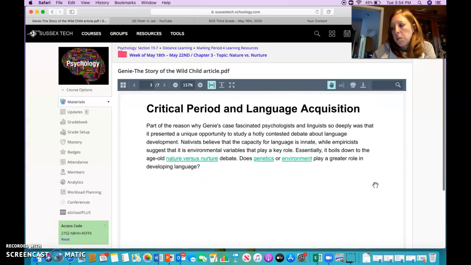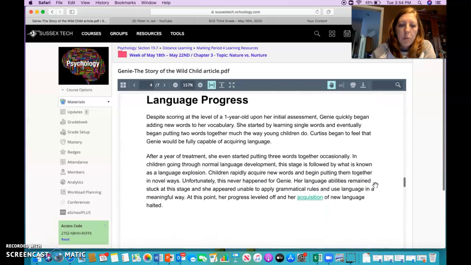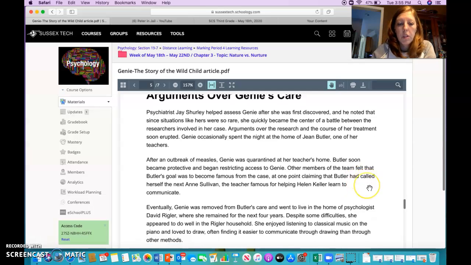You might be able to pull some information for the paragraph that you have to write this week from this article, because it talks about the critical period and language acquisition and what that critical period means. And again, it goes into more detail about how language progresses, the different arguments that psychologists had over how to care for Jeannie, and if any of that played a factor in what she was able to learn and how well she was able to learn.